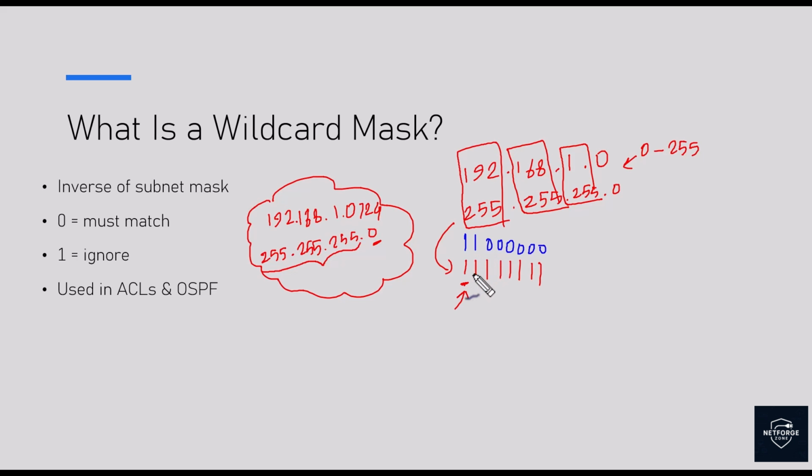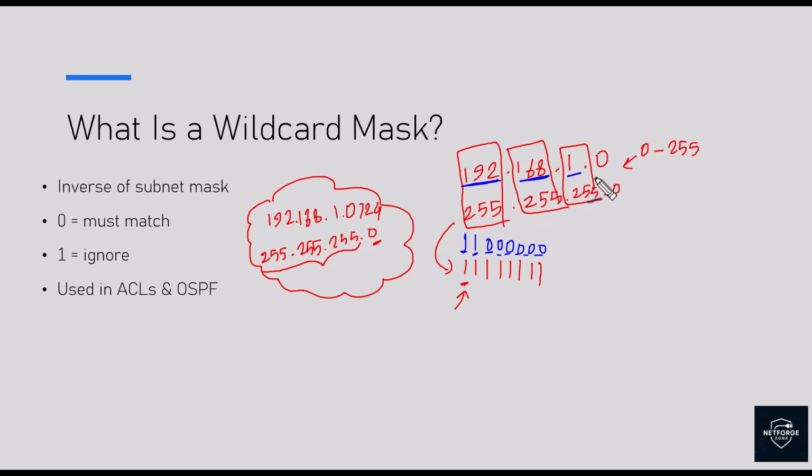So what does it mean? This means that whatever the value up there is cannot change. One says this bit cannot change, another one says this bit cannot change, this 0 says that this bit cannot change, and so on. So at the end, 192 cannot really change for the result, which means that this part of the address is fixed. This part of the address is also fixed, and so is this part.